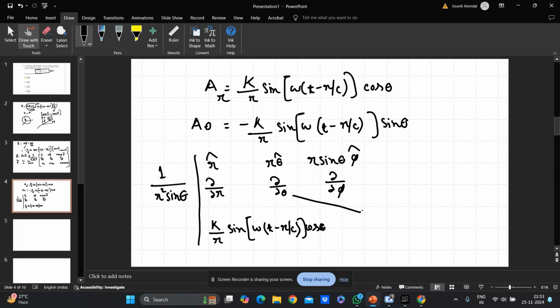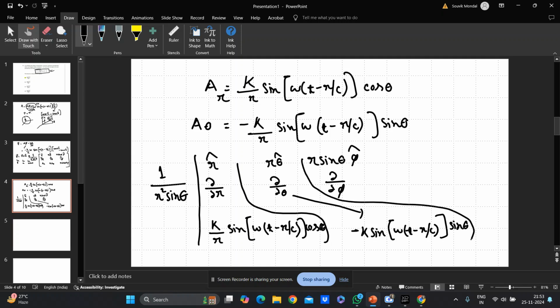This is the first column, this is the second column. Now r A theta is minus k sine omega t minus r by c sine theta, and finally 0. Okay, so now if you look at the r hat part, it is del del theta into 0 minus del del phi into this term. It is phi independent, so r hat has no contribution, so it is 0.